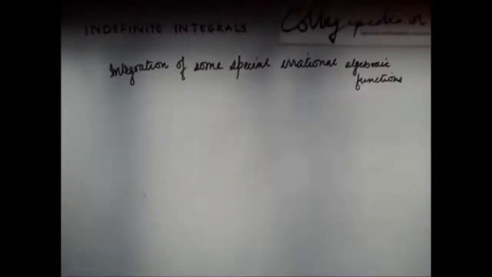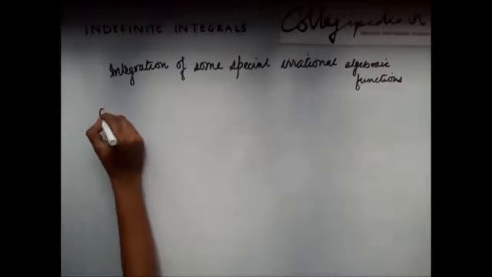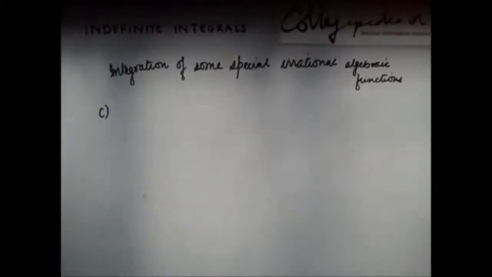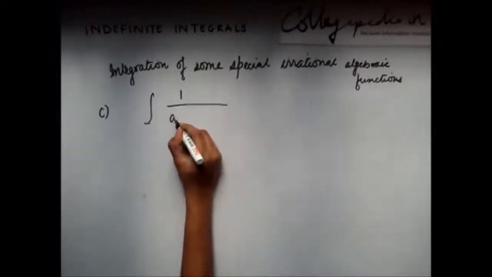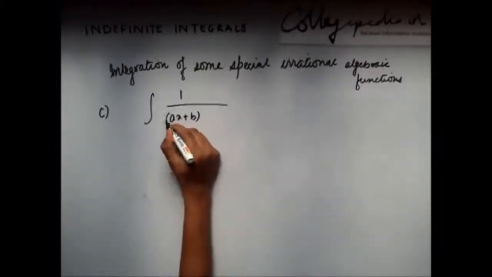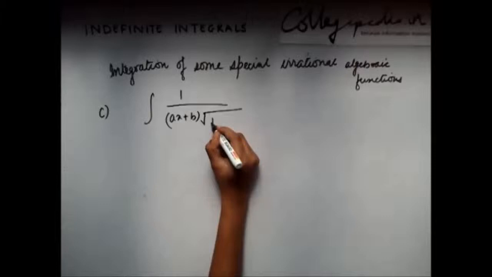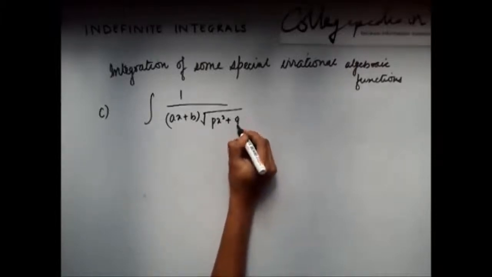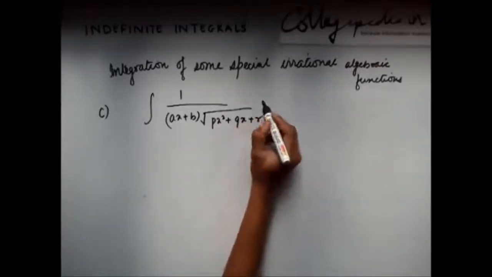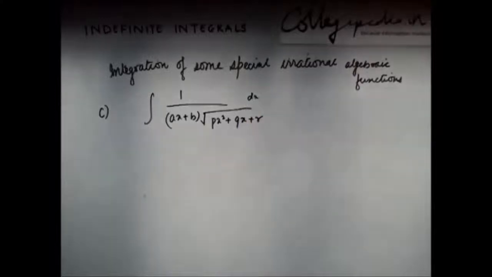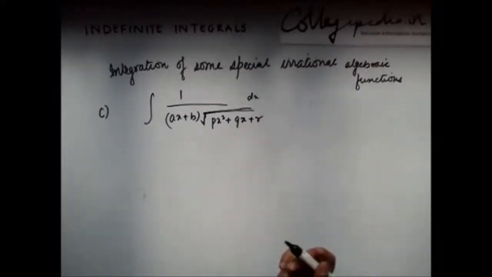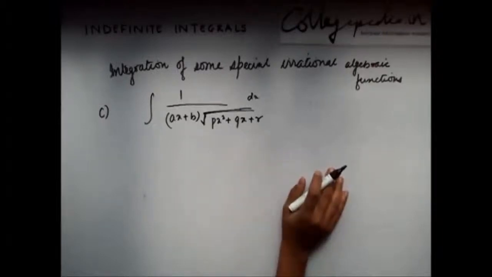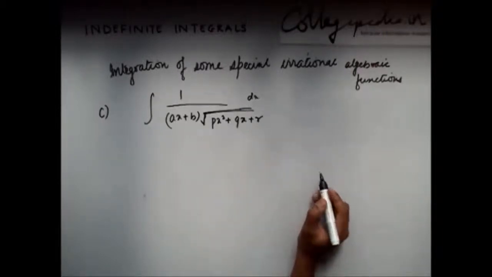The third case is as follows. Third case, we have an integral of this form. As you can see, the function inside the square root is a quadratic in this case.